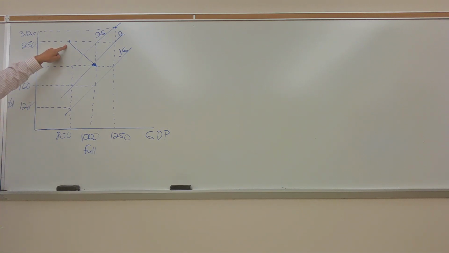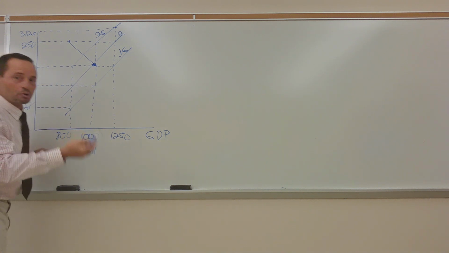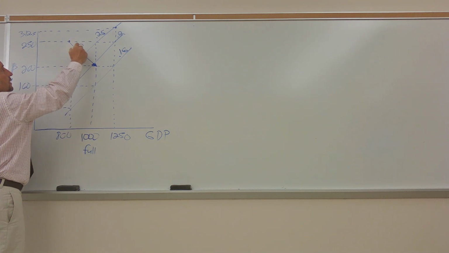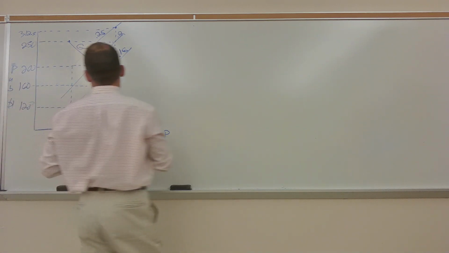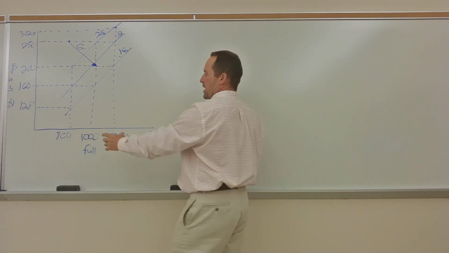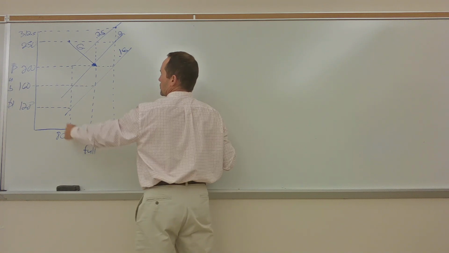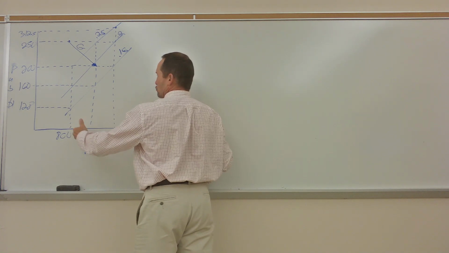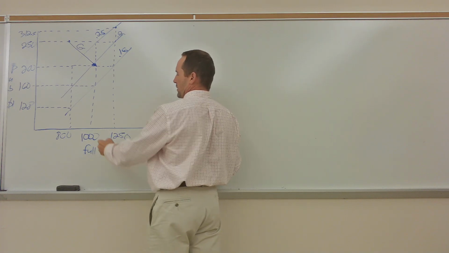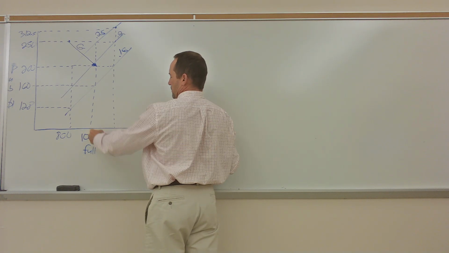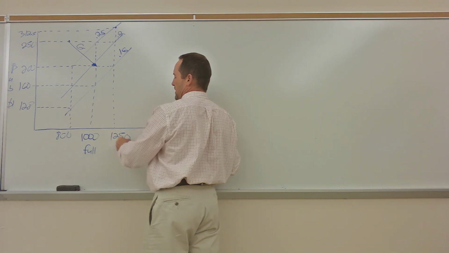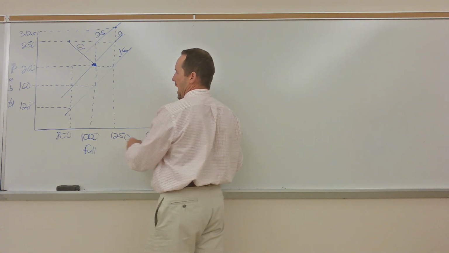So this point right here says when GDP is 800, government spending, including entitlements, will be 250. Now, if you look at this, this is saying for every 200 across, we change our height by 50. So that means for every 100, we change by 25. So here, this is a difference of 200, so that would be 50, and half of 50 would be 12 and a half.